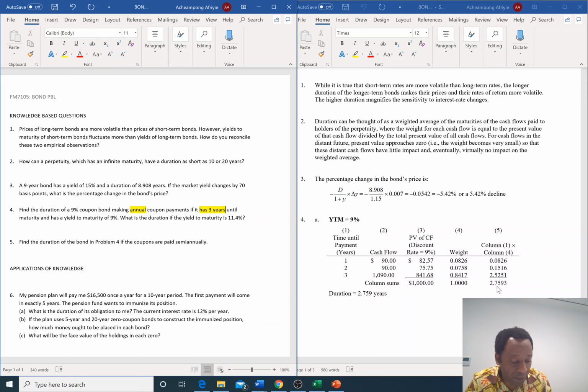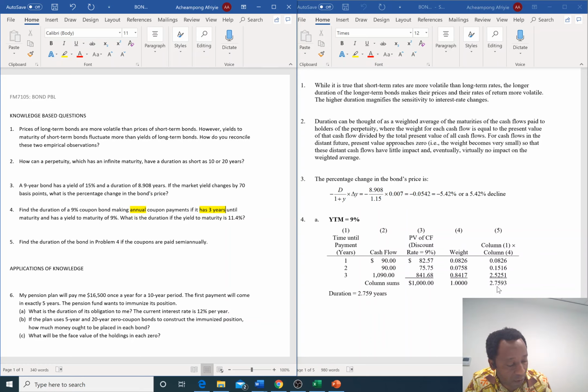I leave the redemption value. I leave the ACT. I need to change the type of interest payments from twice a year to once a year by doing second function set, enter, and I go down. The yield, I need to change that to 9%, enter, and I go down and down and down.